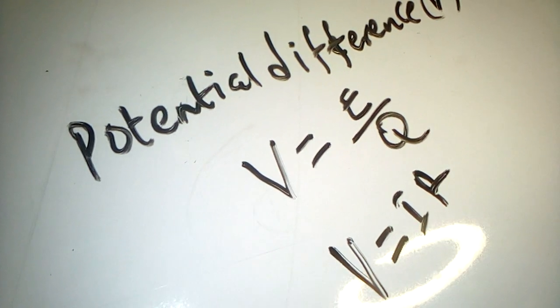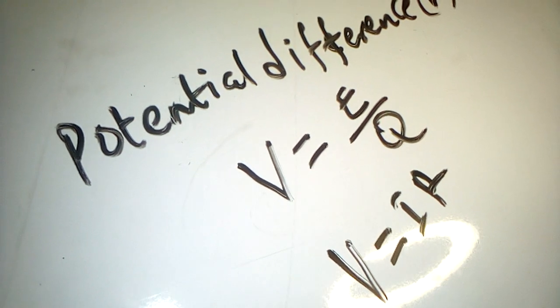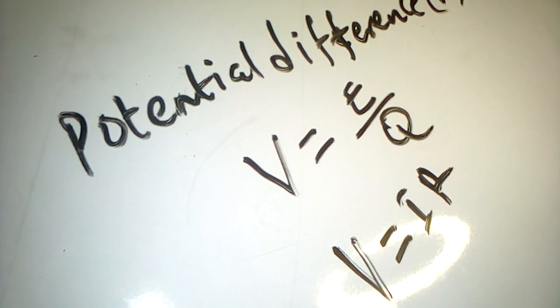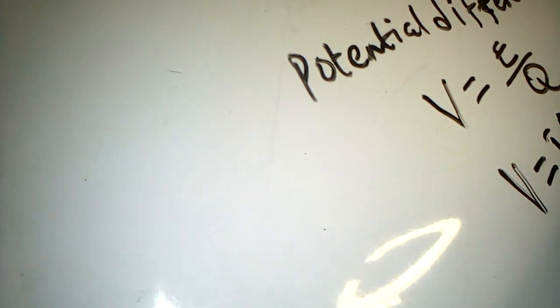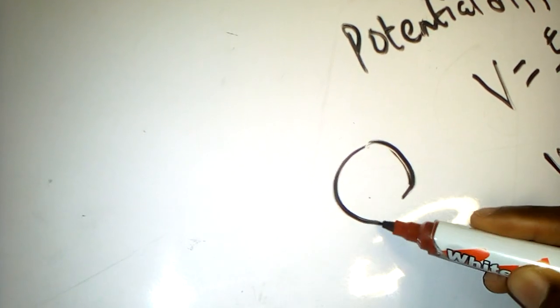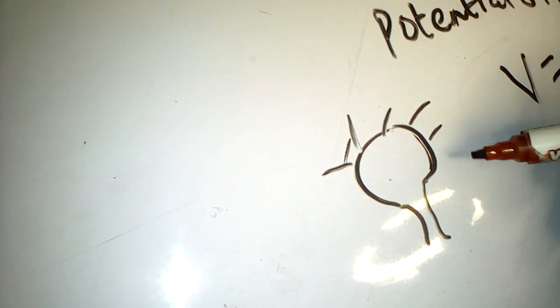Potential difference is key because we can use it to explain why a bulb brightens up. Take for instance an electrical bulb glowing. This bulb gets brighter when the potential difference goes higher.